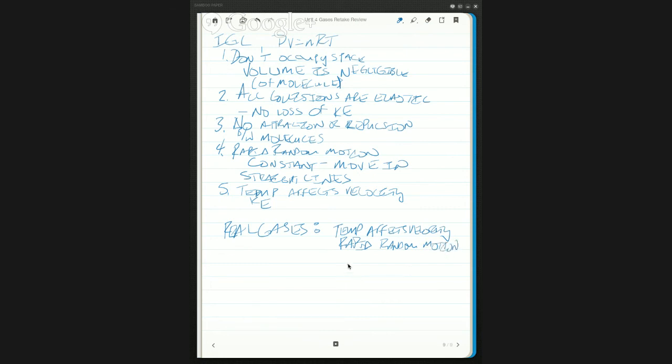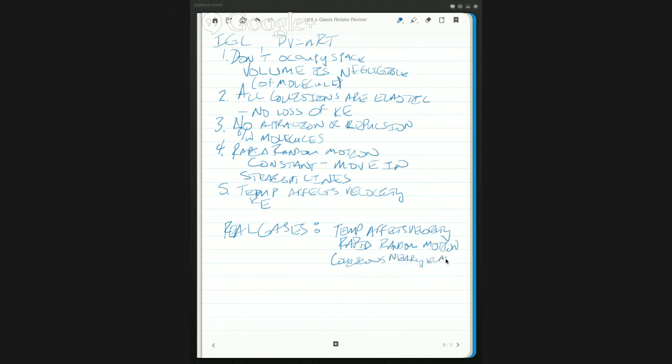And we're going to say, I mean, it's not exactly true, but that collisions are nearly elastic. Collisions are nearly elastic, okay?